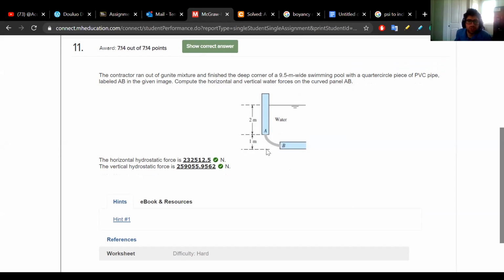Where are you trying to compute the horizontal and vertical water forces on the curved AB? Okay, so for the horizontal one, you need H, right? HCG. Which formula are you talking about? Oh, right.